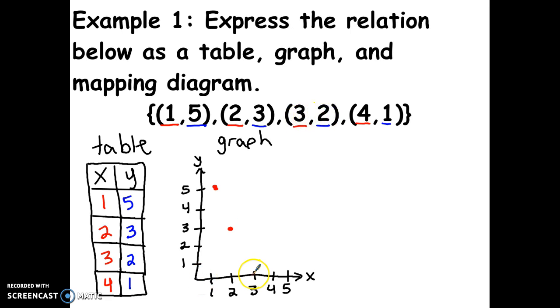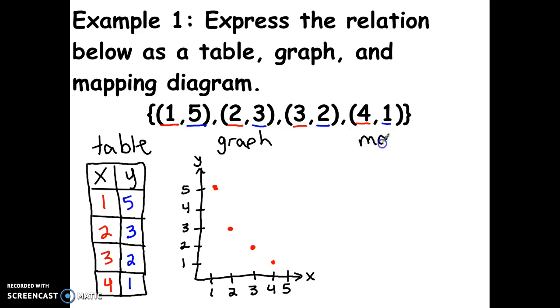Let's go over to 3 on the x-axis and 2 on the y-axis. And finally 4, 1. Let's go over to 4 on the x-axis and up to 1 on the y-axis. And don't expect this to be perfect. This is just a sketch of a graph, so it doesn't have to look perfect.